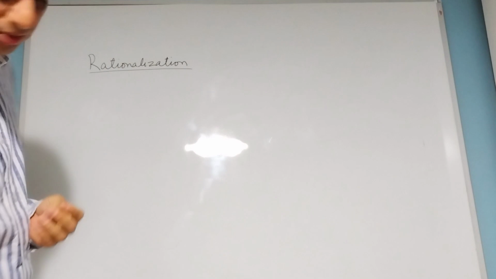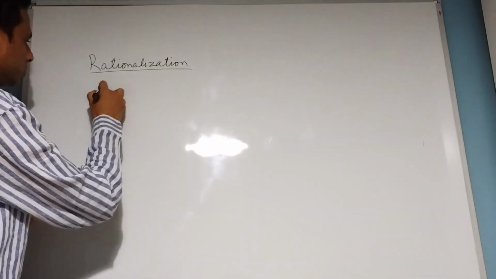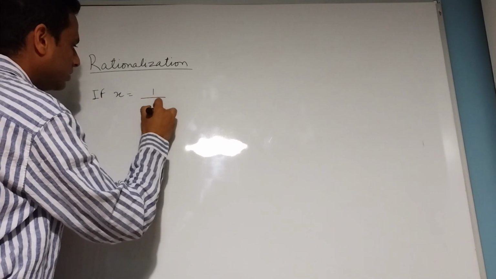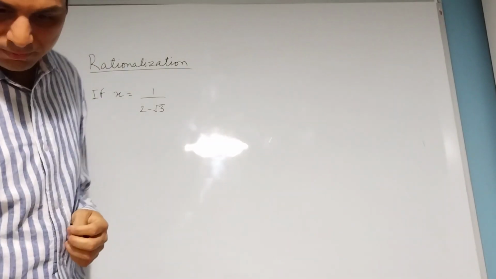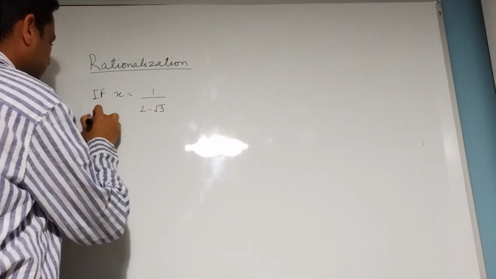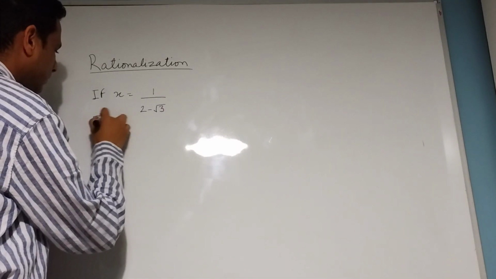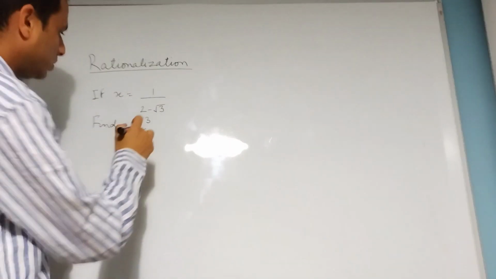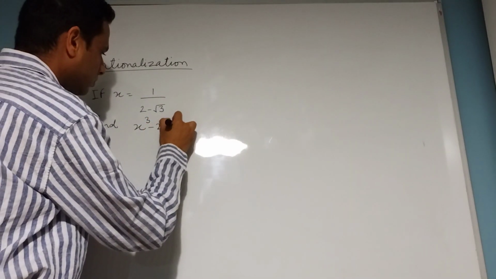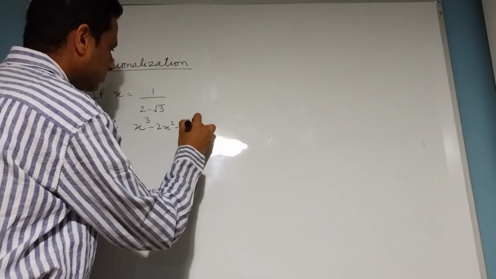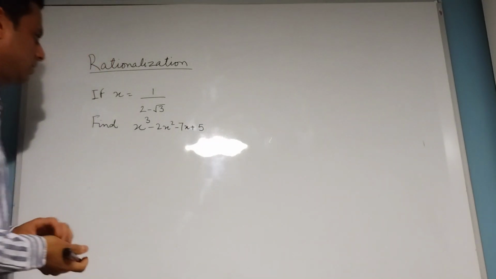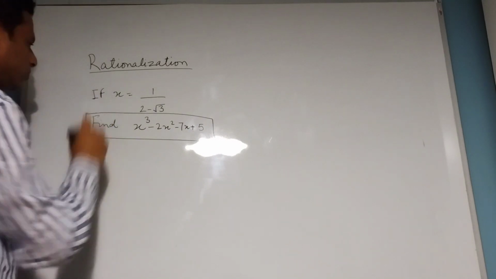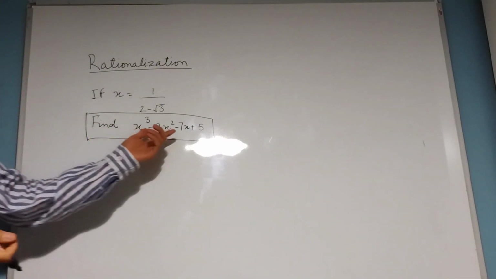So if the question is: if x equals 1 by 2 minus root 3, find the value of x cube minus 2x squared minus 7x plus 5. You have to find the value of this equation.